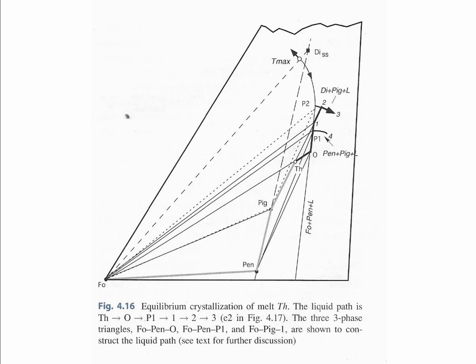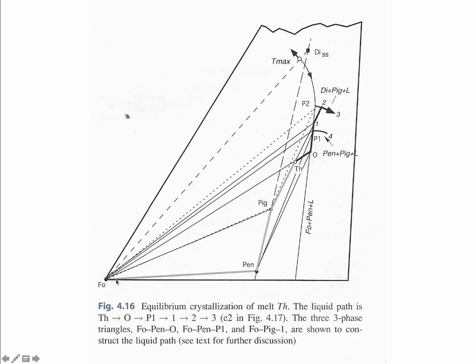So here, for example, we have again a part of the triangle forsterite, diopside, silica. And here we have just very close to the forsterite.